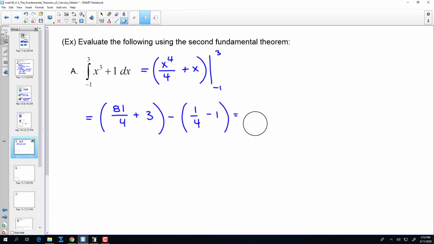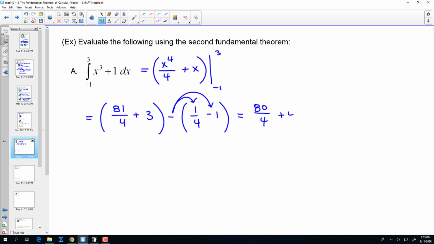Let's see. 81/4 minus 1/4 is going to be 80/4, which will reduce to 20 in just a second. This is going to be minus a negative 1 because this negative makes this a negative 1/4 and this a positive 1. So then that's effectively plus 4.